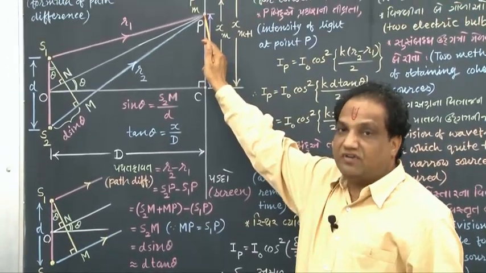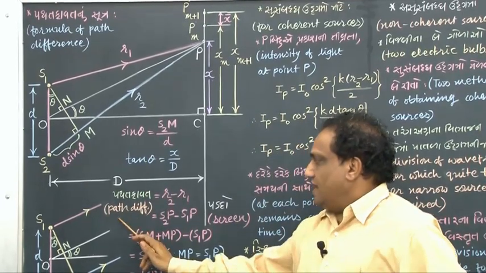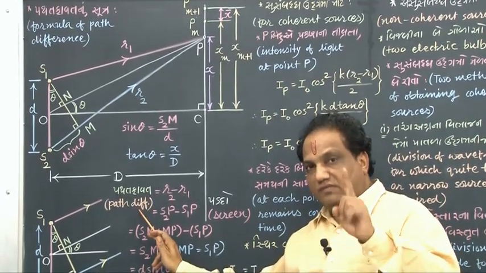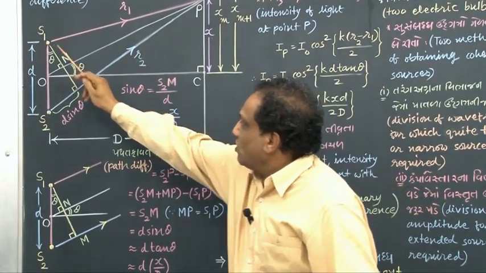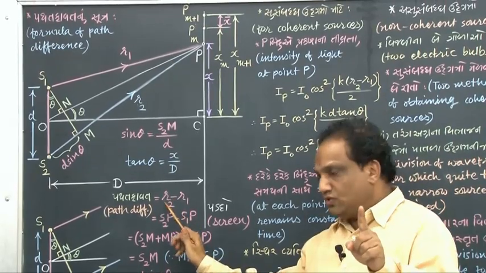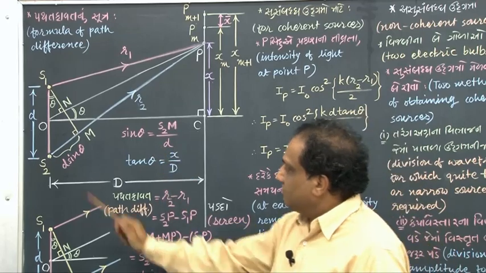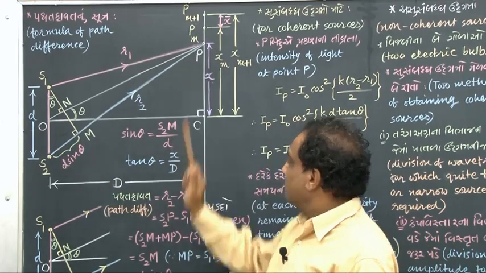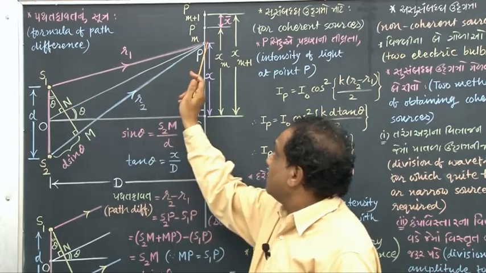Now I want the path difference between the paths travelled by the two light rays in order to reach point P after being emitted from these two sources. That path difference is greater path minus smaller path. The greater path is this, which is R2. The smaller path is this, R1. From the figure, R2 is S2P, minus R1, which is S1P.